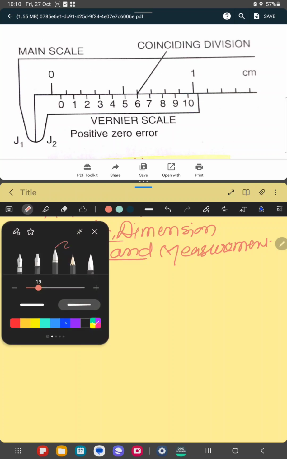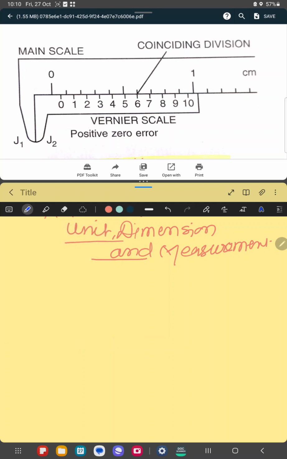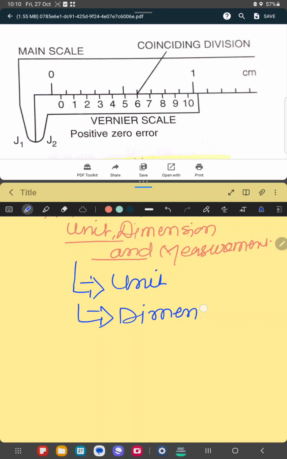And in the given section, let's say the whole part gets divided into unit, dimension, next is error, and the last part is measurement.